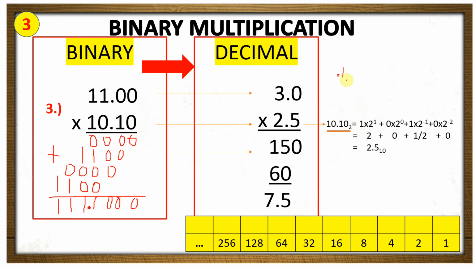0.1 in binary, meaning this is subscript 2, is equal to 0.5 in decimal. Okay, so look at the sample here, the 0.5, the equivalent. So just simply from here, from the decimal point, this 0 actually, the exponent here is 0, and this is the 0 multiplied by the base 2 is 0.